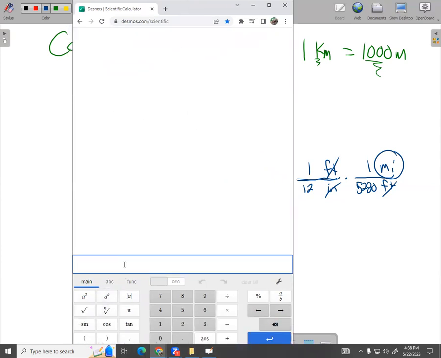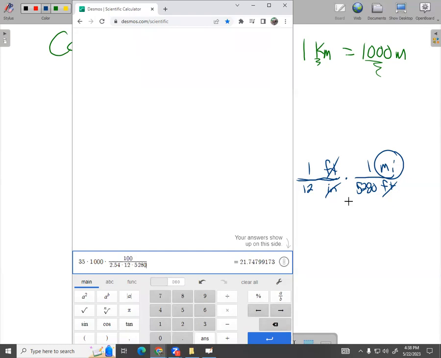We've got 35 times 1,000 times 100. And we're going to divide by 2.54. And then also in the bottom, it's going to be a 12. And also in the bottom, and that division is going to be a 5,280. And I get about 21.75.